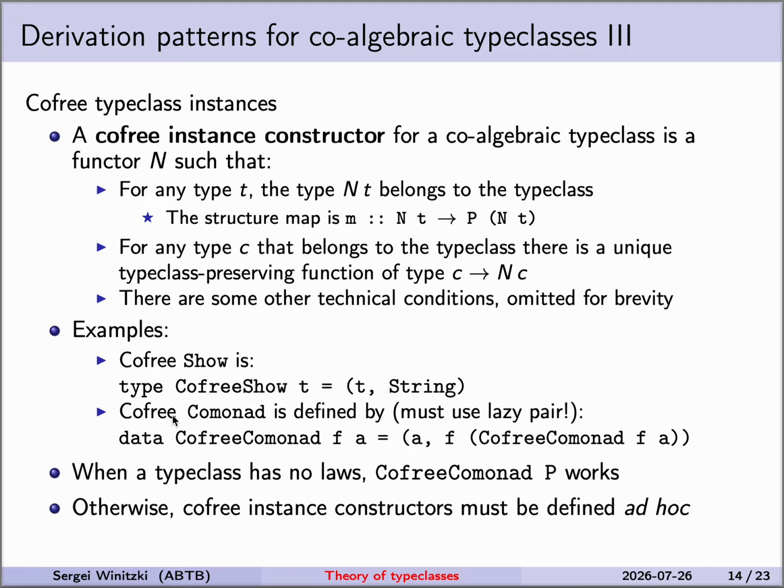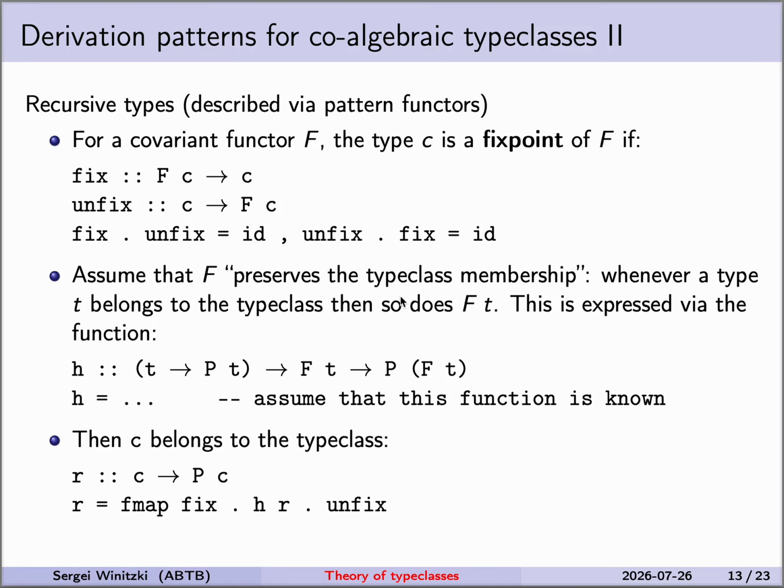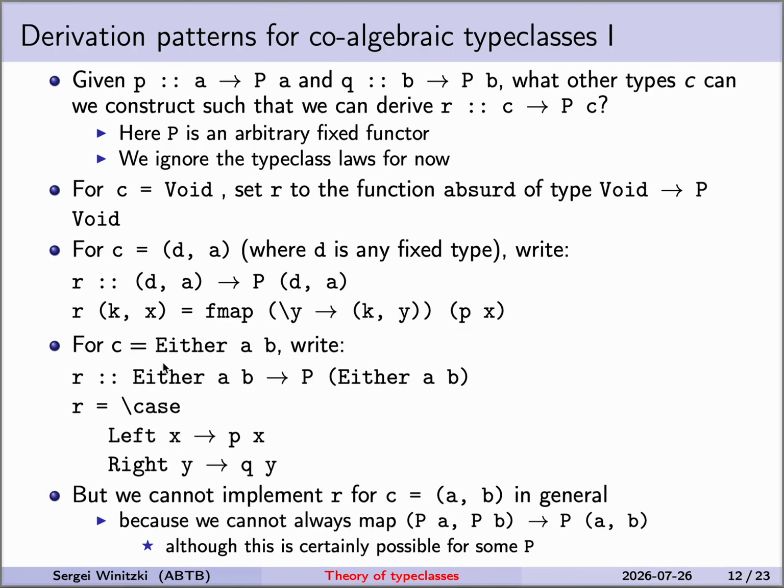So that is concluding our overview of derivation patterns. We have discovered the derivation patterns more or less just by trial and error. We tried several things and we saw when we can derive the necessary type signature for the type class from previous type signatures and when we cannot.